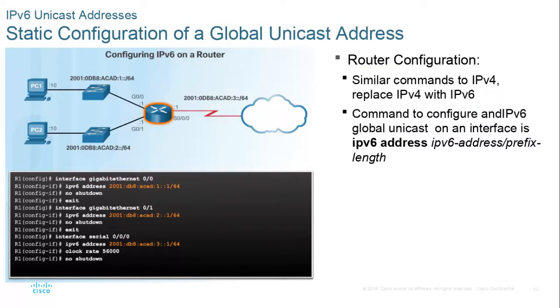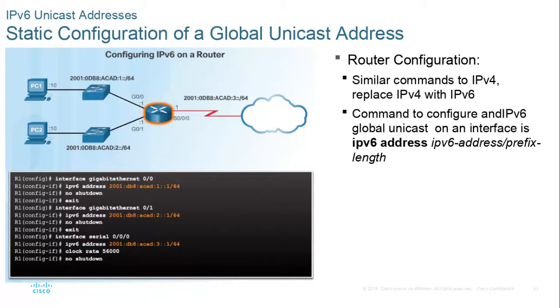So let's look at this configuration that we would do on a router. Typically, we would say interface G0/0, and then we'd say ip address 192.168.1.1 and do the no shutdown command. When we type in our IP version 6 addresses, almost all the commands on the routers and switches that are like ip address, we change to ipv6 address to tell it it's going to be the 128-bit address instead of the old 32-bit IP address.